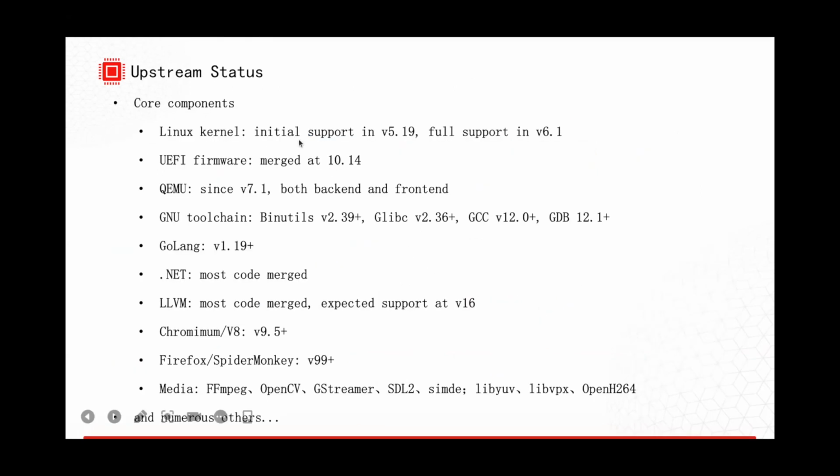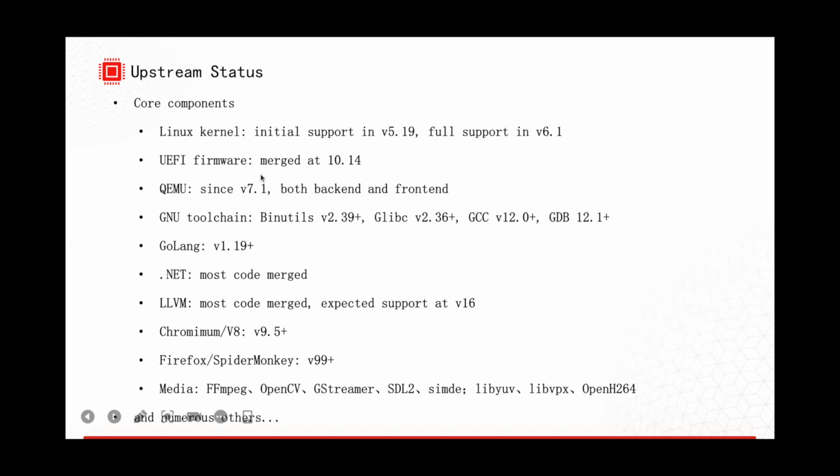From early this year, LoongArch has put a lot of effort into upstreaming all their work. So up to now, we have many core components upstreamed. For example, for the Linux kernel, initial support for LoongArch started from version 5.19, and full support will be in version 6.1.